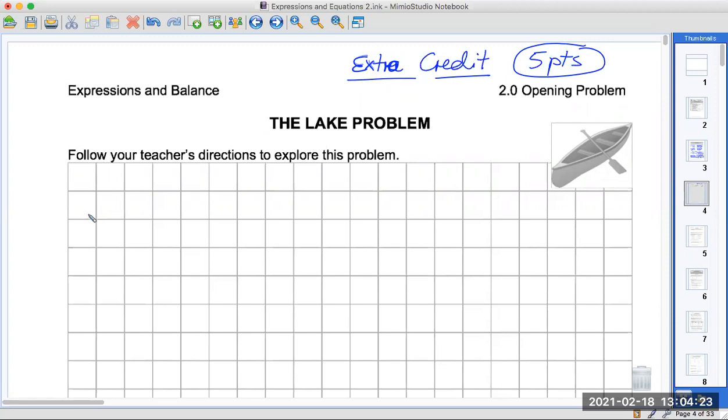Okay, here's the problem. Here's the question. I have to look it up. So you're ferrying people across a lake and you have one boat. So I've got to write it up, guys. I have to find it. Oh, there it is. The lake problem. So there's a canoe that holds one child alone.